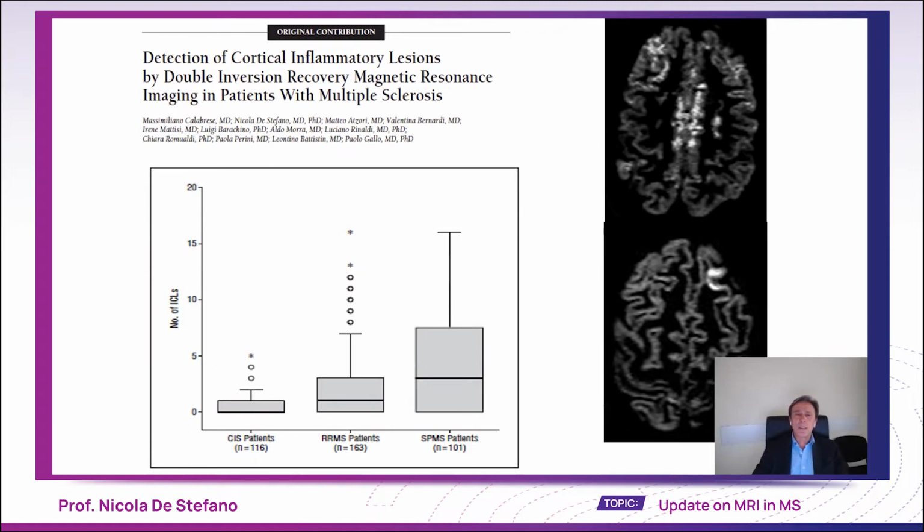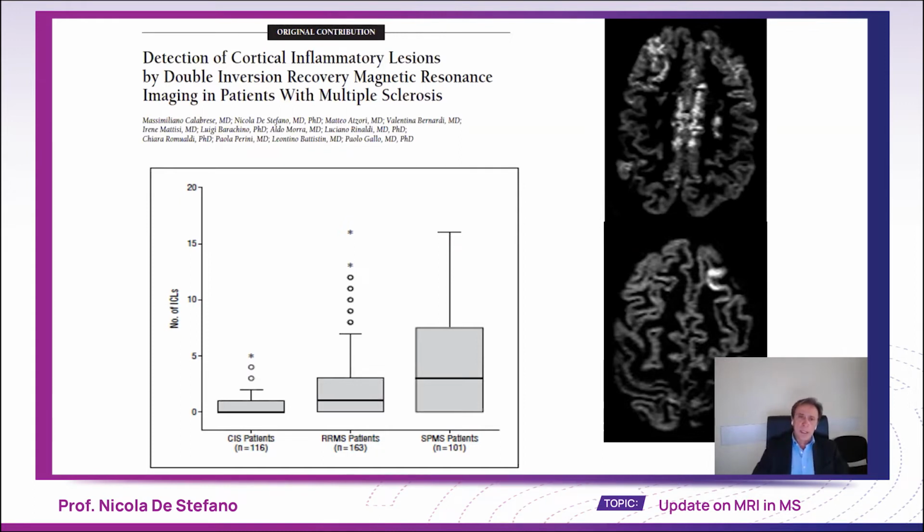But it is also important that the involvement of gray matter and cortical gray matter in MS probably has a role in the progression of the patients, the disability of the patients, and the clinical aspects.